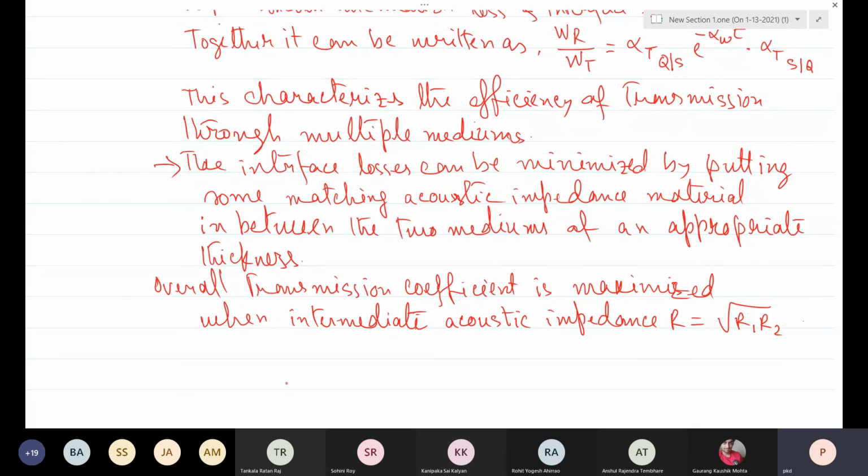Again, maybe we can show it. This is the same for optical as well as electrical as well as acoustic. So suppose we have electrical waves propagating through two wires, then the characteristic impedance of the electrical wave is given by square root of L by C, inductance by capacitance, square root of that.